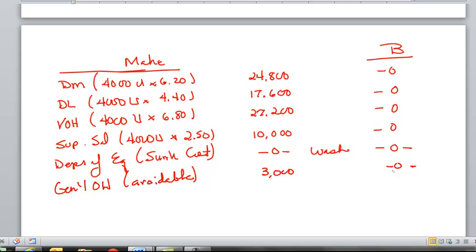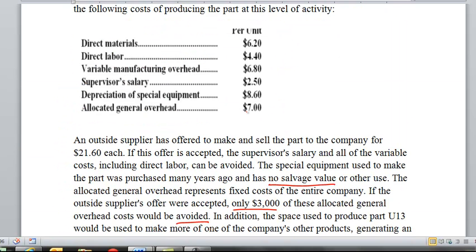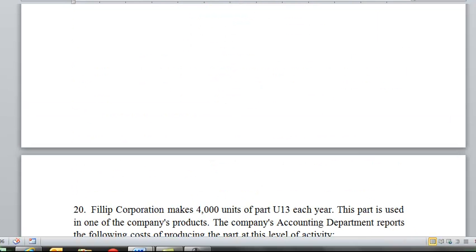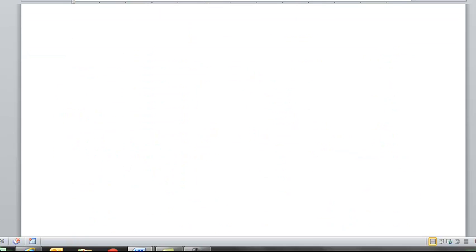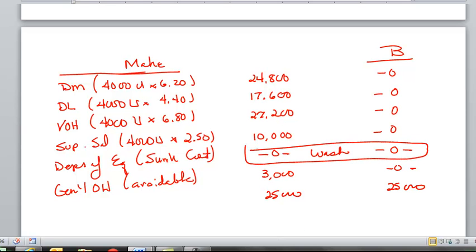And that would be zero there. The remaining 25,000, and I get the 25,000 because we look at what they tell us. 7 times 4,000 units is 28,000. 28 minus 3, 25,000. So 25,000 is the unavoidable cost, and therefore that's what, if you did both sides here, you would say 3 and 0, and you can do 25 and 25, similar to what we did up here with depreciation.